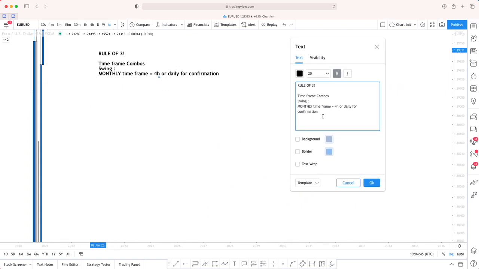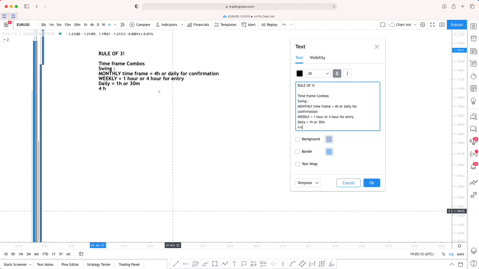The next one, if we're going to use the weekly, again, count back 3: 1, 2, 3. You're going to use the 1 hour or the 4 hour for entry. If you use the daily, again, count back 3. You're going to use the 1 hour or the 30 minutes.